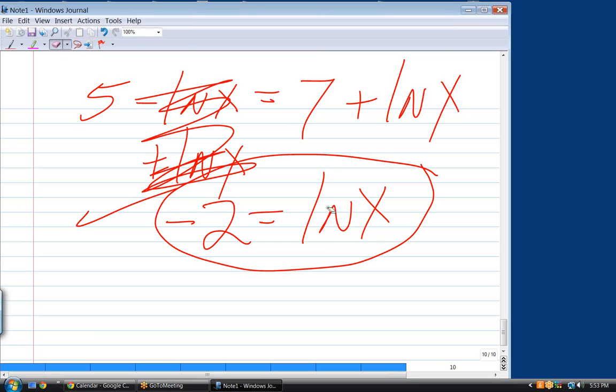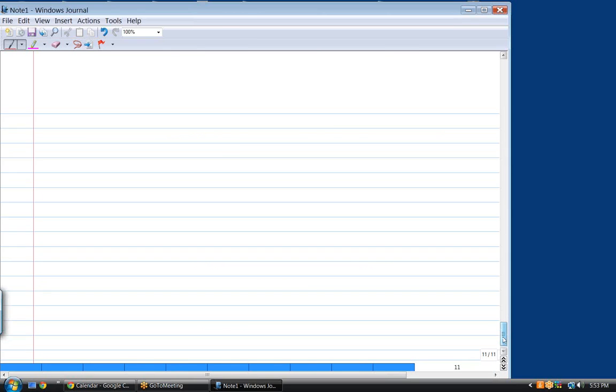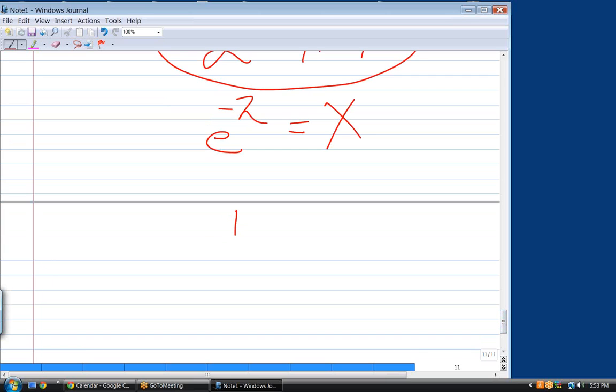No, what's the base? When it's natural log, what's that number? E. Okay, so e to what? e to the negative 2 equals x. Exactly. And e to the negative 2 is just 1 over e squared.